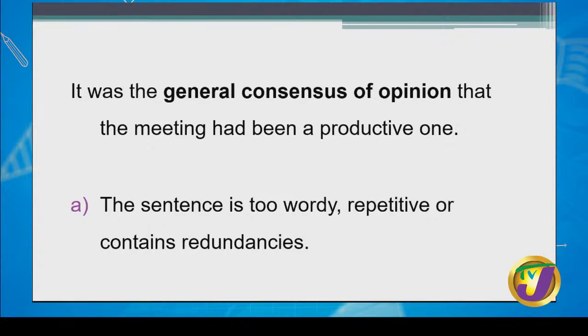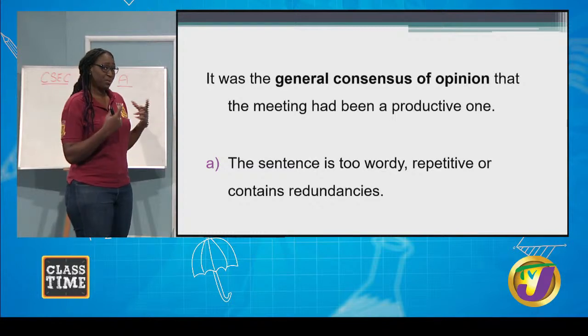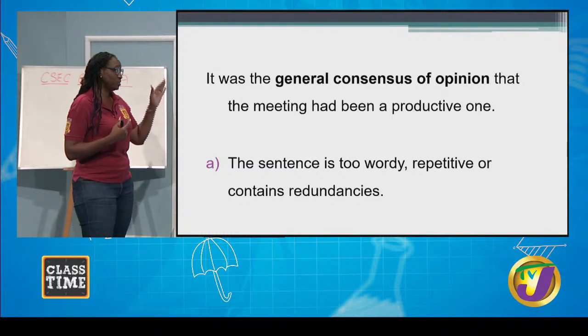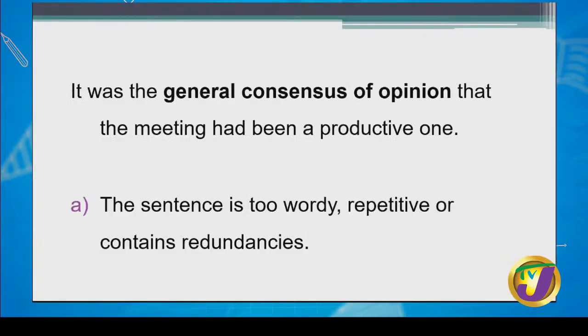Once there is a consensus, that means people have agreed, so their opinions have aligned. And it's all of them, because once you have a consensus, everybody shares the same opinion. So you don't need to include general, and you don't need to include of opinion. So you can say it was the consensus, and that is fine as it is, no problem.